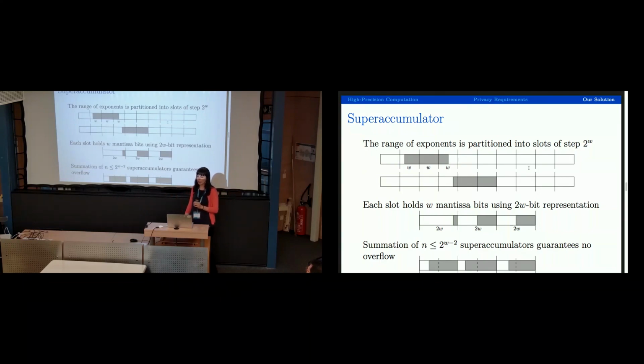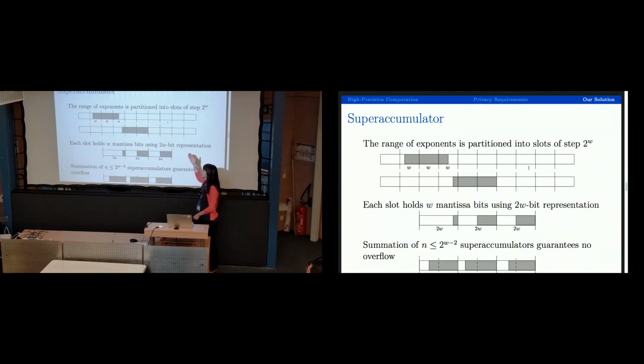The superaccumulator has bins of size 2 to the w. W is a parameter of the system that you can modify. For us, it's also needed to show correctness, and this is basically a step of the computation.